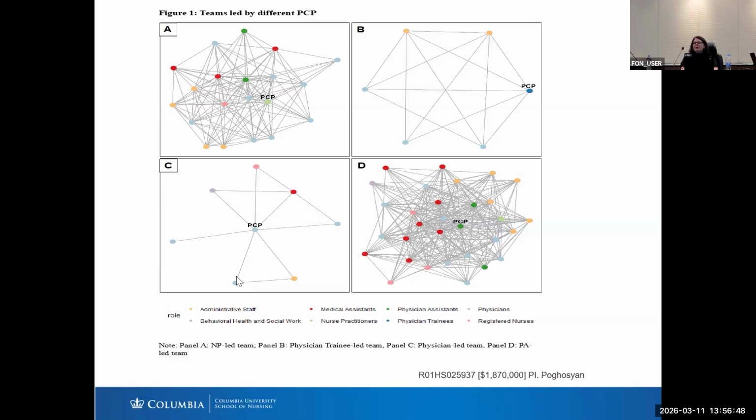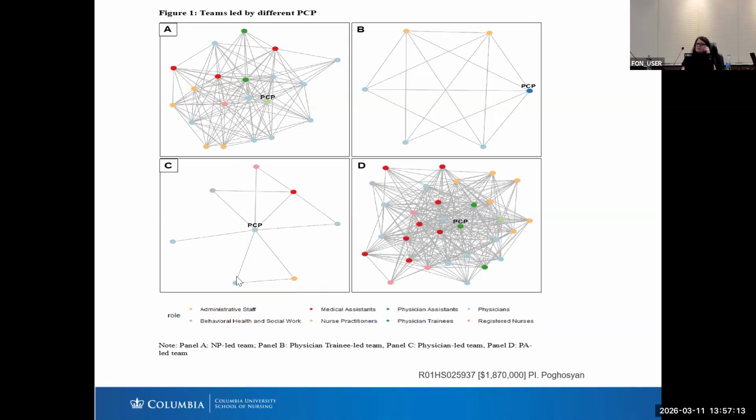In one study, we said, okay, if teams are really good, what do the teams look like? And we went to 23 clinics and collected data on everyone who worked in the clinic. And we used a method called social network analysis to see the teams.